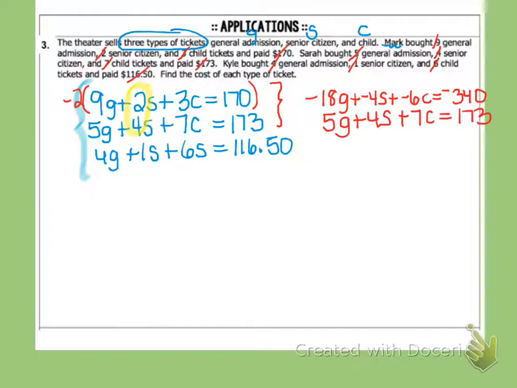And now I'm set up to go ahead and just add these equations to cancel out one of the variables. So you can see that the s's are going to cancel, their opposites. When I add the g's together, I get negative 13g. When I add the c's together, I get just plain c. And when I add the constant terms together, that turns out to be negative 167.